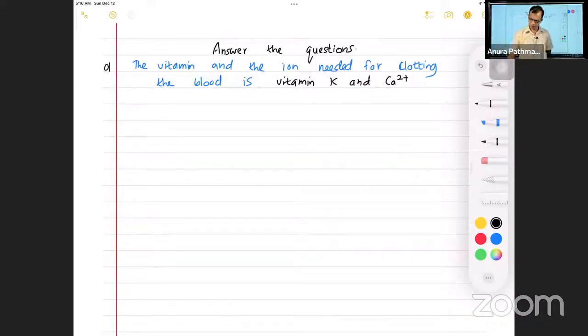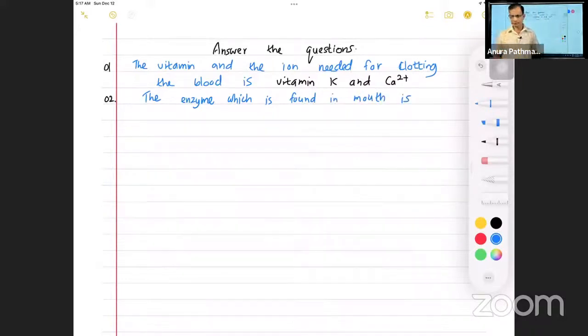My next question. Question number 2. The enzyme which is found in the mouth is.